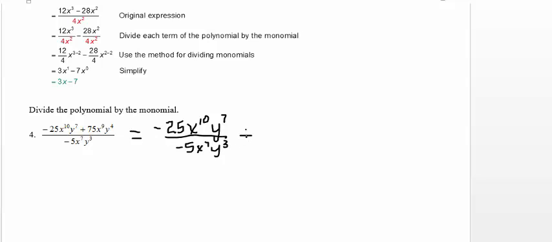This method only works if you're dividing by a monomial. So then I'm going to divide 75x to the 9th y to the 4th by negative 5x to the 7th y cubed.